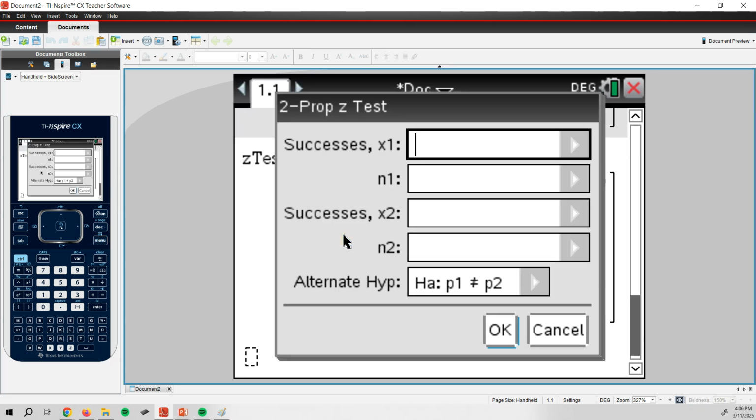Number of successes, we'll start with 2008, which was the larger number: 676 out of 1,009. And then 622 out of 1,020. And not equal to, like we said, it just says differs.